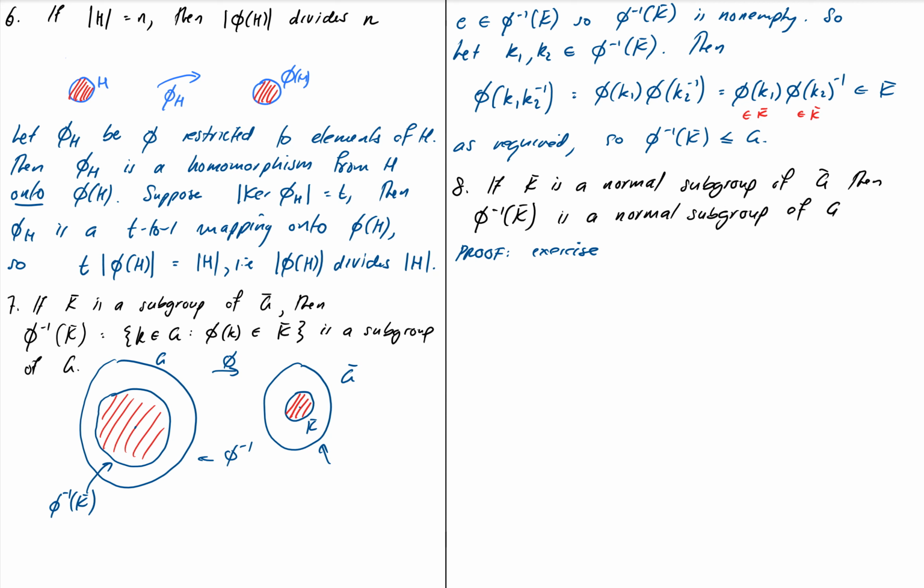Okay, we've got one more property to do, which is number 9. If our mapping is onto, and it also has a trivial kernel, okay, remember trivial just means a trivial subgroup is just a subgroup comprising just the identity, then phi is an isomorphism from G to G bar.